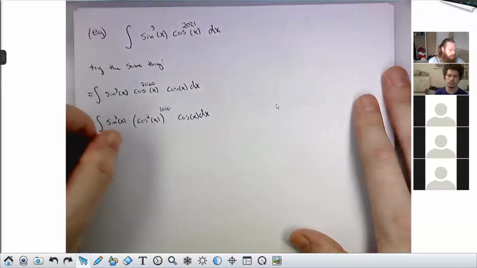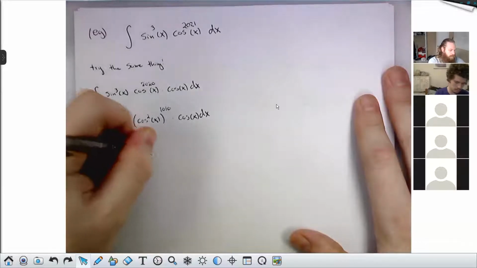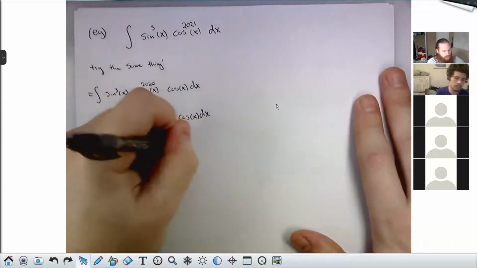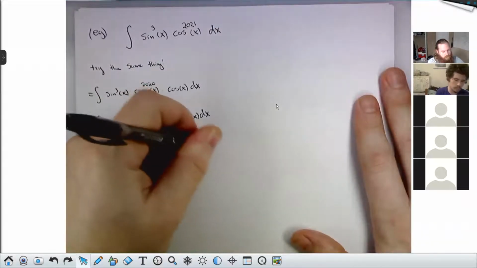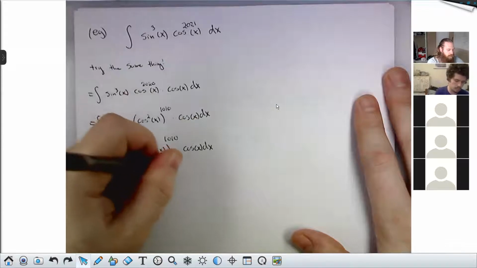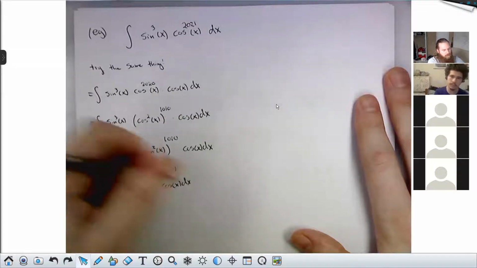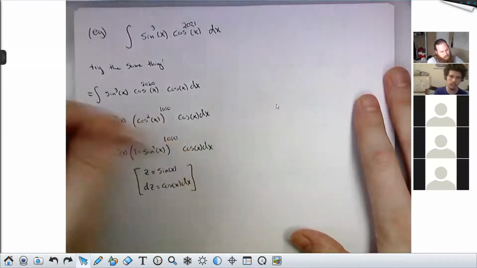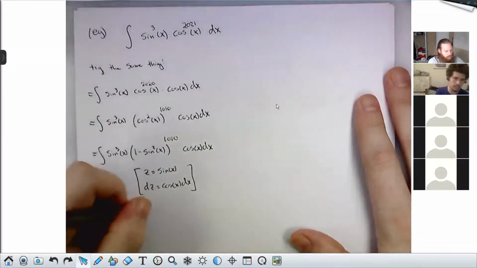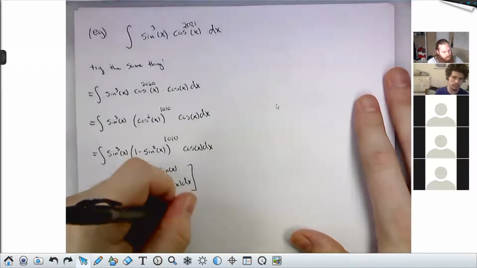So I'll have integral sine cubed x times cos squared is 1 minus sine squared x, and all that's being raised to the 1010th power. And then I've got cos x dx. And at this step, I can make the substitution z equals sine x. dz is cos x dx. So my integral will become integral z cubed times 1 minus z squared to the 1010 times dz.